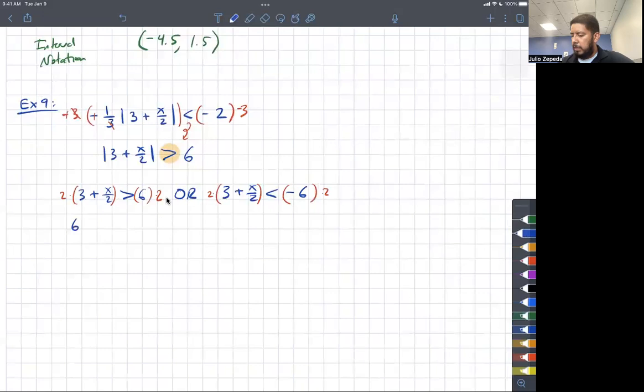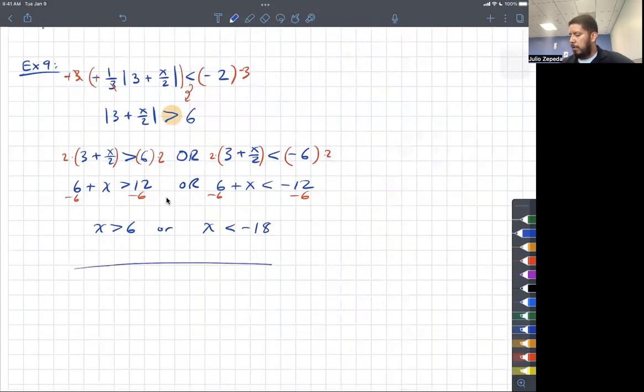So we have 6 plus x over 2 times 2 is just x greater than 12, or 6 plus x less than negative 12. For all of these, we can subtract 6, and so we get x is greater than 6, or x is less than negative 18.